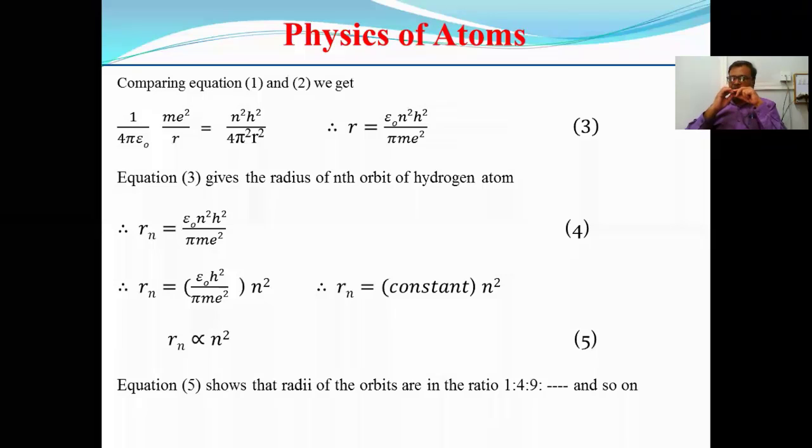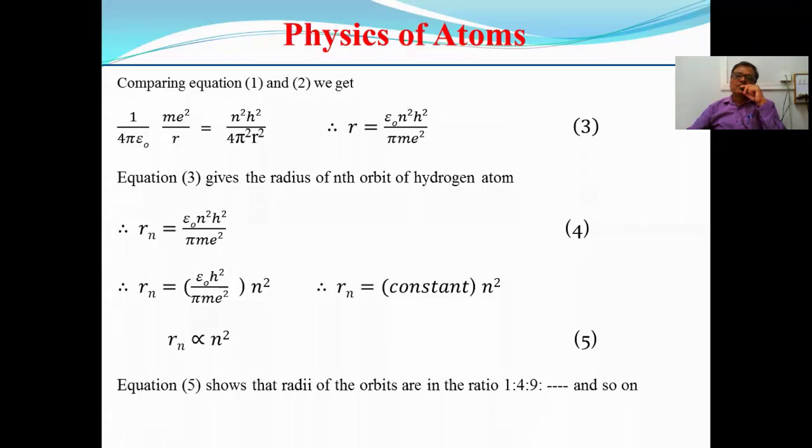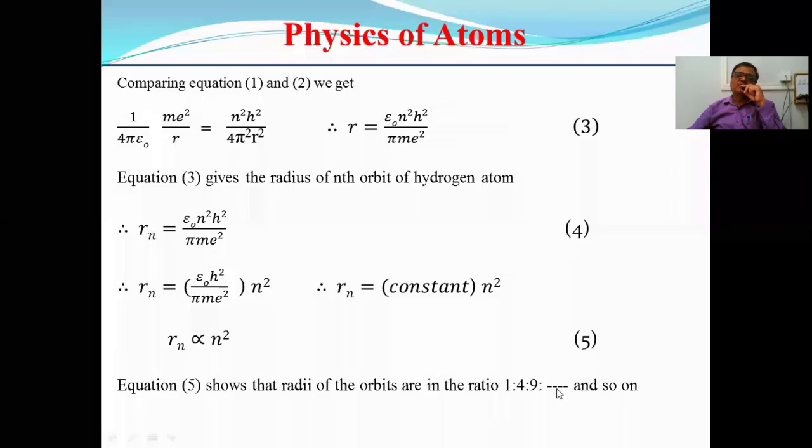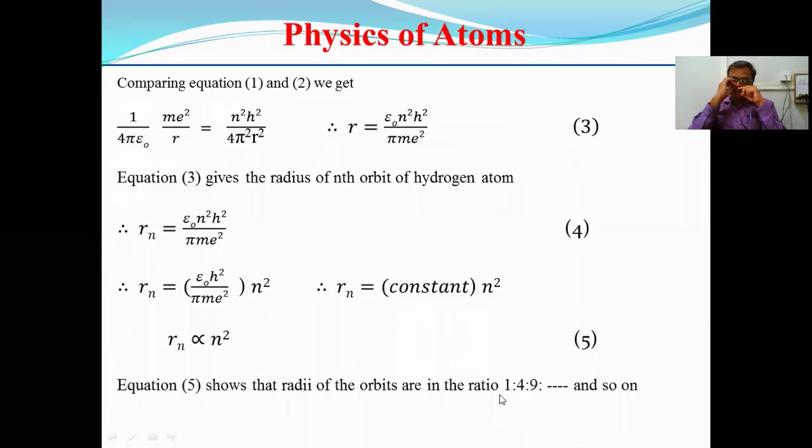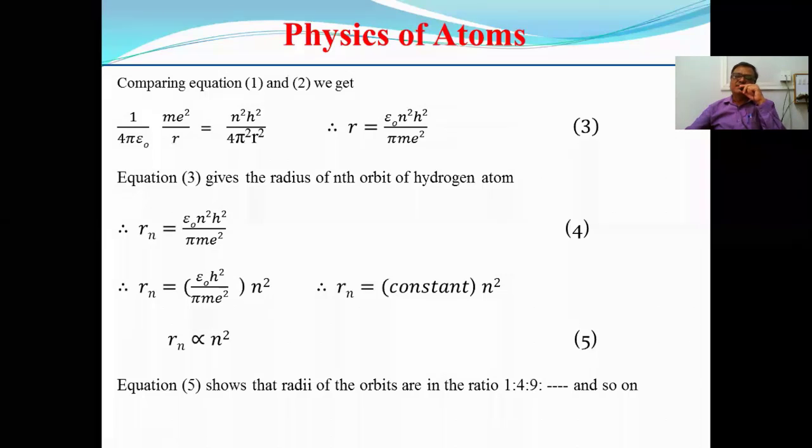That means if the radius of the first orbit of the hydrogen atom is 1, then the radius of the second orbit is 4, the radius of the third orbit is 9, and the radius of the fourth orbit is 16, and so on. That means if the principal quantum number n increases, the radius of the hydrogen atom goes on increasing.